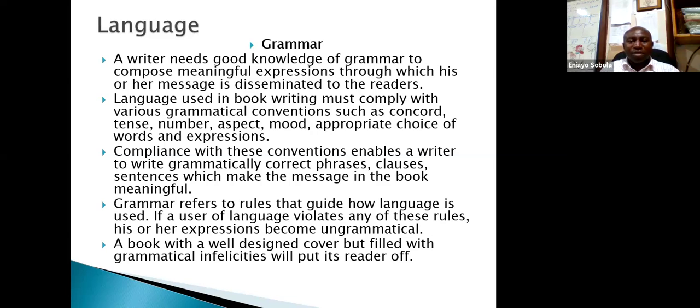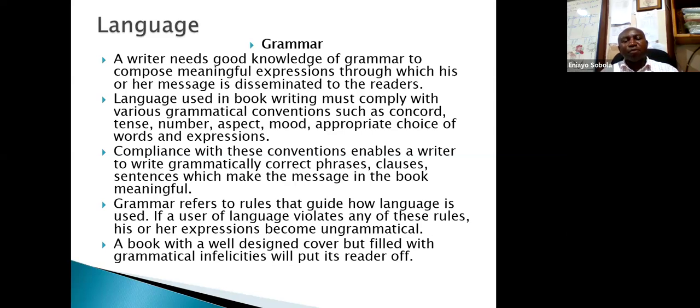And once the information is clear to the audience, the writer has little problem. And that will make the information in the book meaningful.